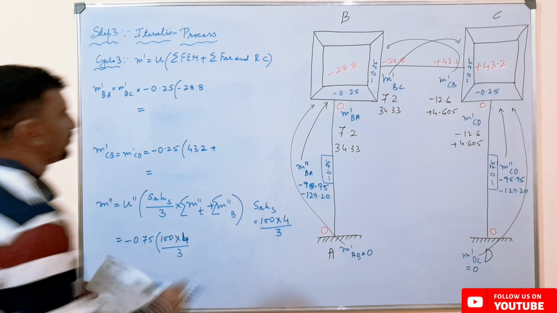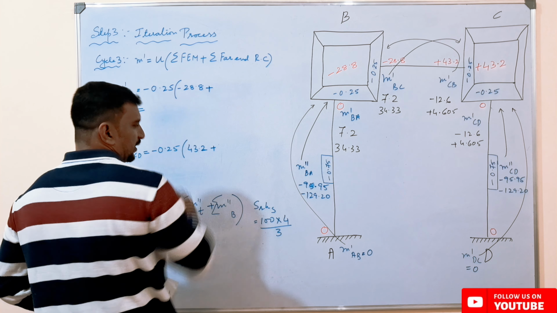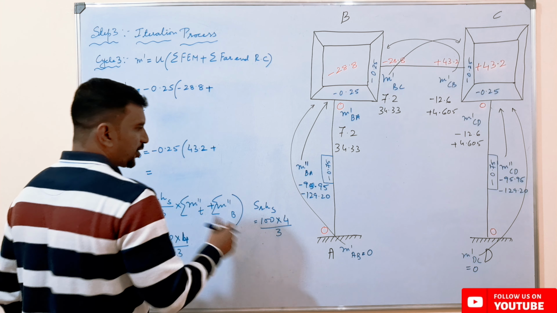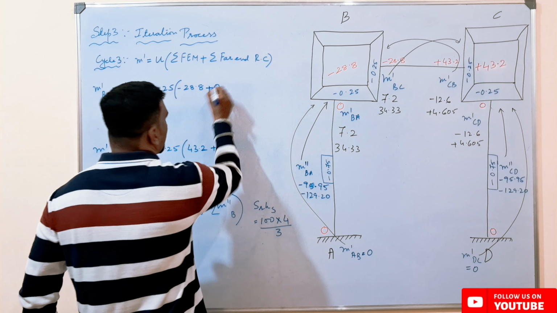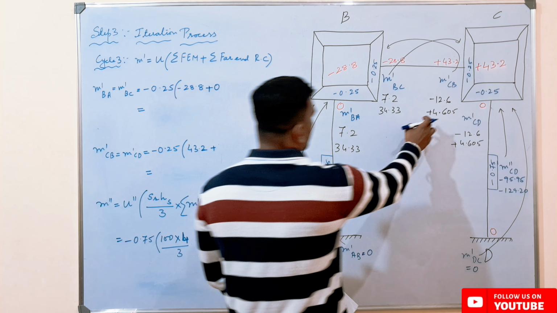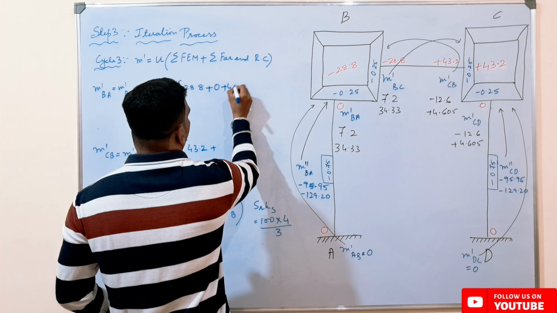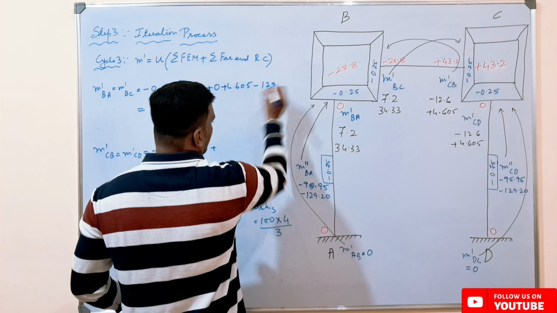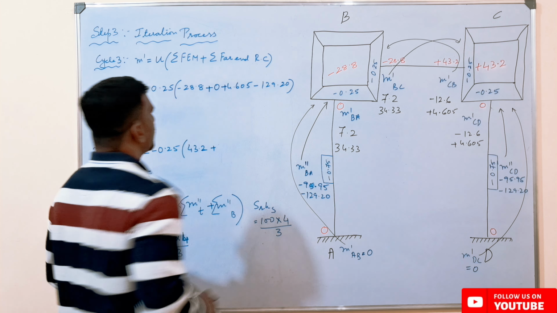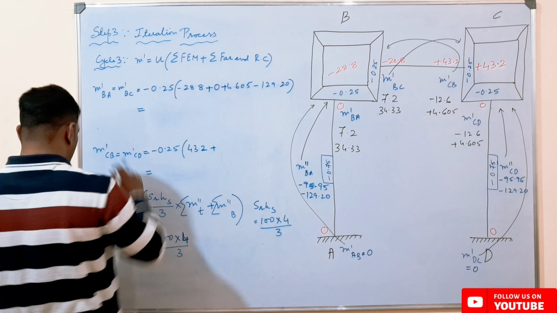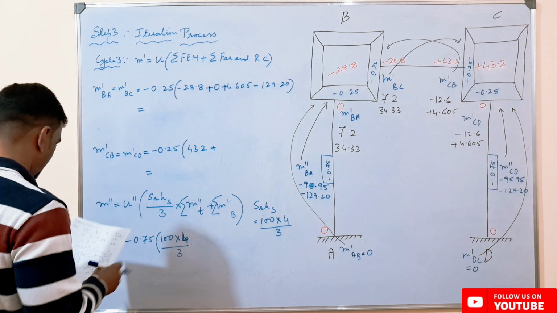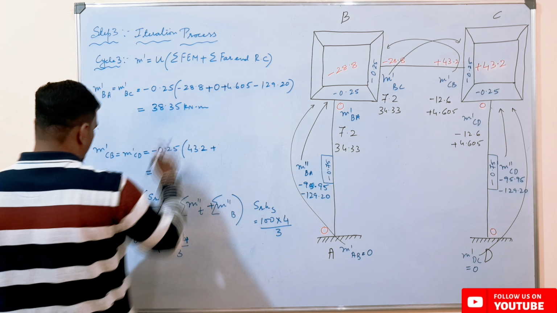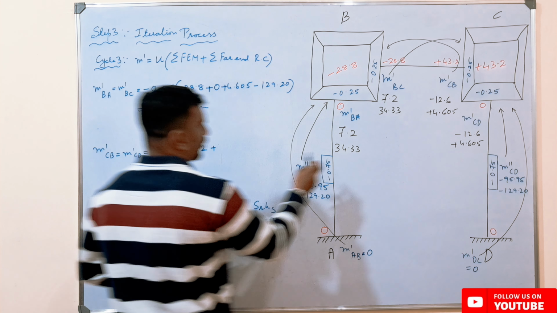So now if you observe over here, plus for m dash BA, now the far end rotation contributions, first one is 0 over here, and here we are having the new value, that is plus 4.605 and minus a new value over here, it is 129.20. So if we calculate this one, we are having a value of 38.35 kilonewton meter.